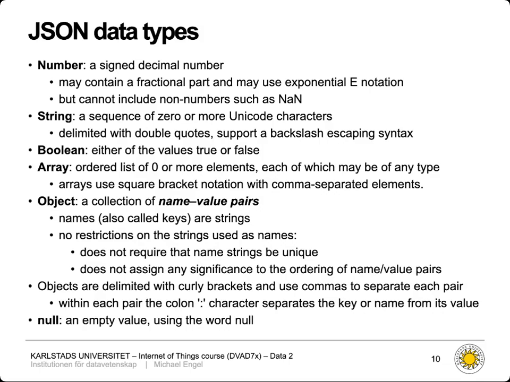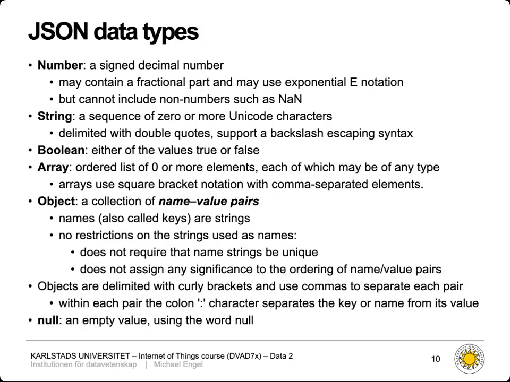Finally, we can have objects, and objects are a collection of name-value pairs. You can see them as similar to a struct in C, and the names or keys are strings, and for these strings, there is no restriction as to their format. So JSON does not require that name strings are unique, for example, and it does not assign any significance to any ordering of the name and value pairs.